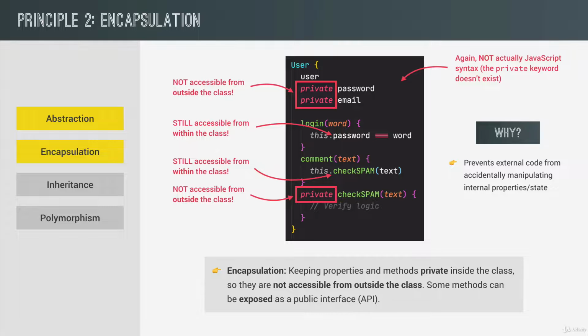So making methods private makes it easier for us to change our code without breaking code from the outside, which might rely on some of these methods. For example, if the check spam method was public, then it could be used anywhere in our code. And if we then change the implementation of the method, it might break that code that is relying on it. So again, this helps avoiding bugs and also spaghetti code.